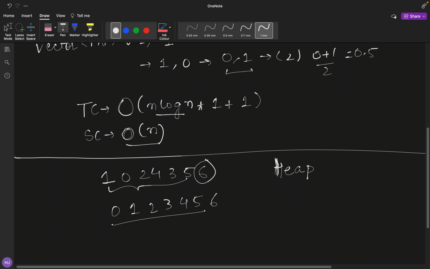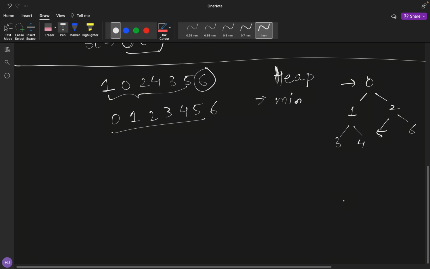If I store all of these elements in my min heap, what would I get? 0 1 2 3 4 5 and 6. So this structure gives an insight that all my elements are stored in some sorted, increasing fashion.